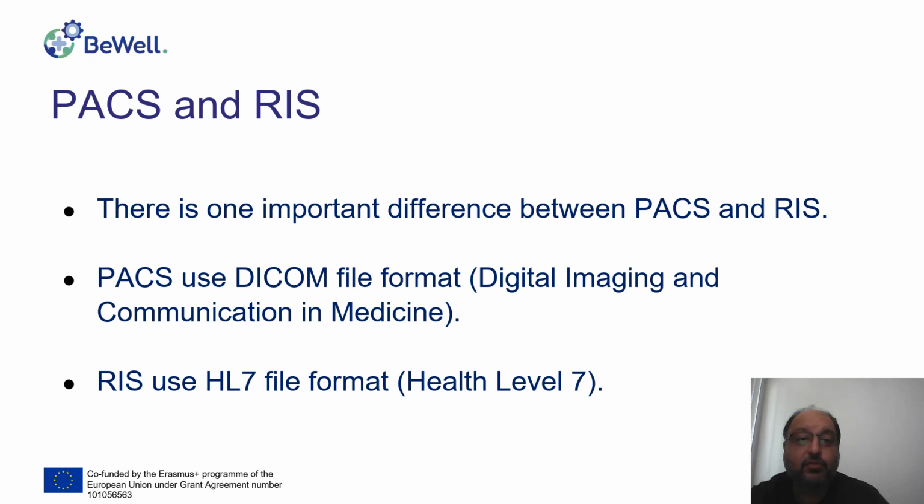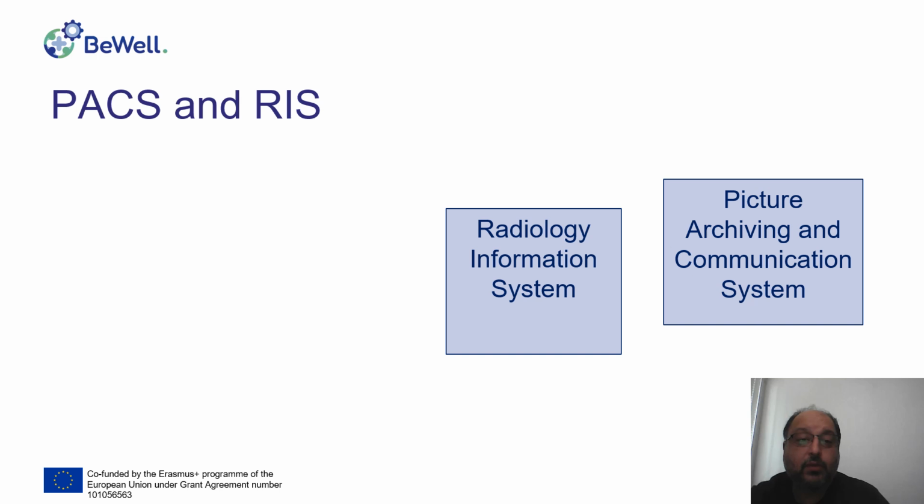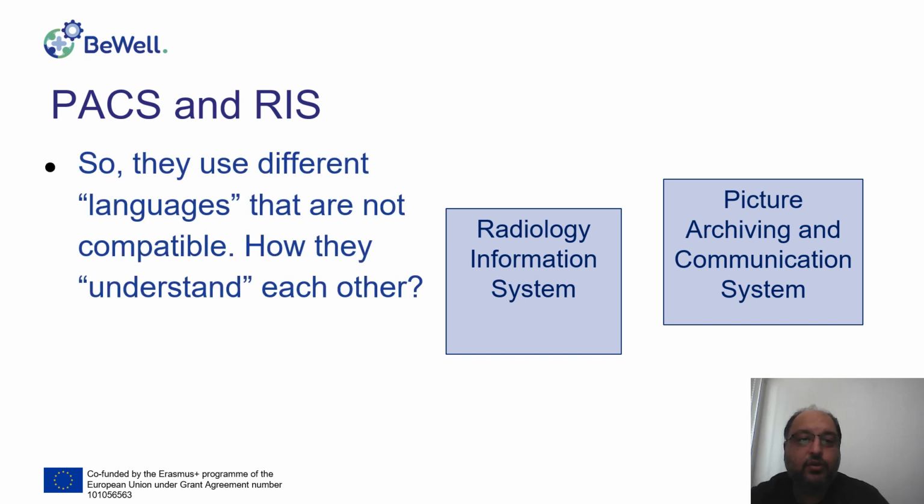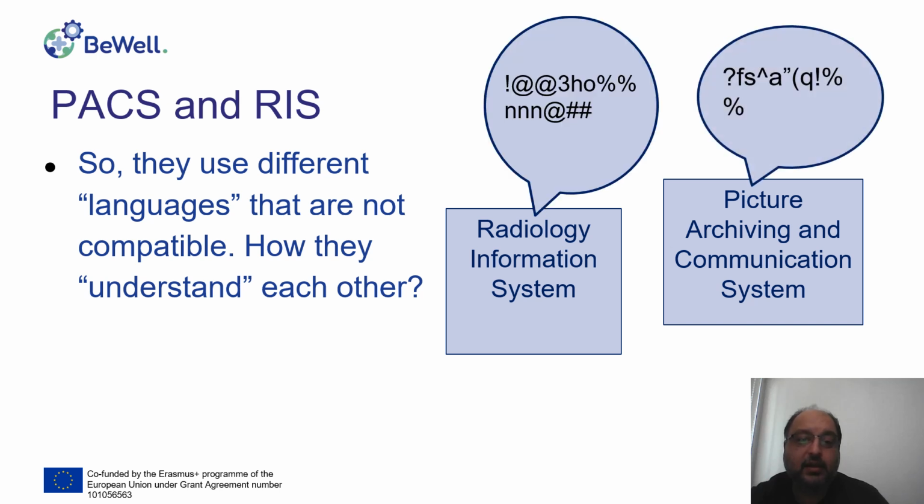DICOM is an abbreviation for Digital Imaging and Communication in Medicine. The radiology information system uses the HL7 file format. This is an abbreviation for Health Level 7. So imagine some conversation between them in different languages. They will just not understand each other.